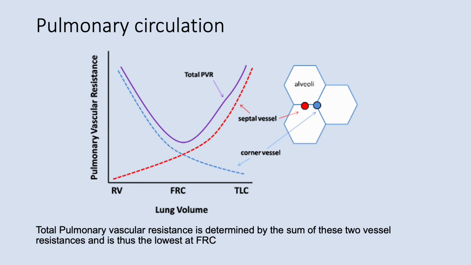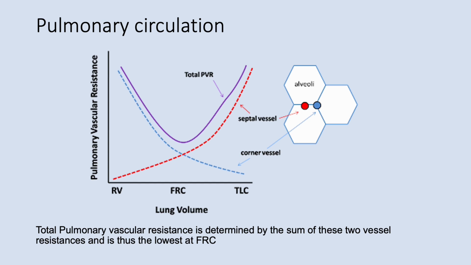And that's why the best time to maintain the lowest pulmonary vascular resistance is to stay around the tidal volume. And during tidal volume there will be a functional residual capacity.